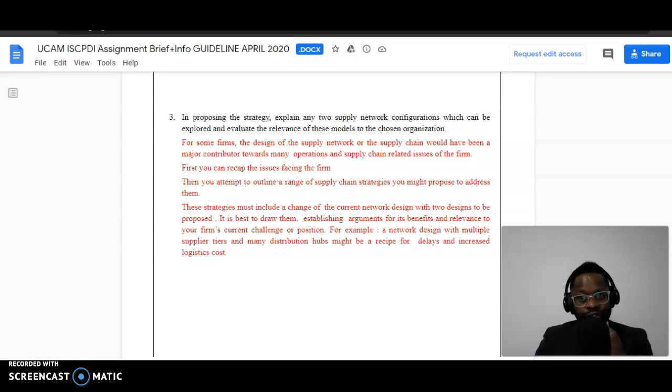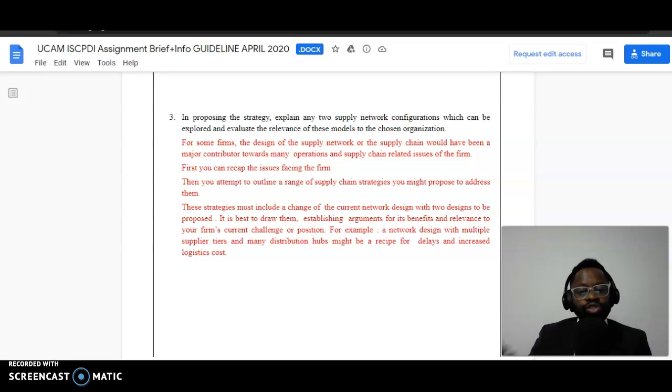Even a change in, let's say a supply chain challenge might be quality issues, and because of the quality issues, you would have switched supplier. Because a particular supplier in a particular region could supply you with a particular standard. Then you're looking at a change there again. For example, a network design with multiple supplier tiers and many distribution hubs might be a recipe for delays and increased logistics.